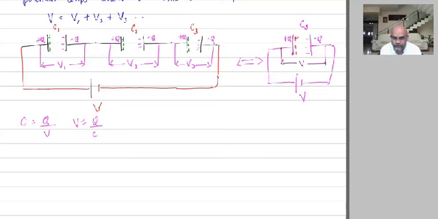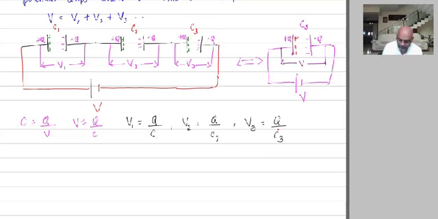So if we write V1, V1 is equal to Q divided by C1. Why Q divided by C1? Why have I not written Q1? Because Q remains the same across all the capacitors. So V1 is equal to Q divided by C1. Similarly, V2 is equal to Q divided by C2. Similarly, V3 is equal to Q divided by C3.